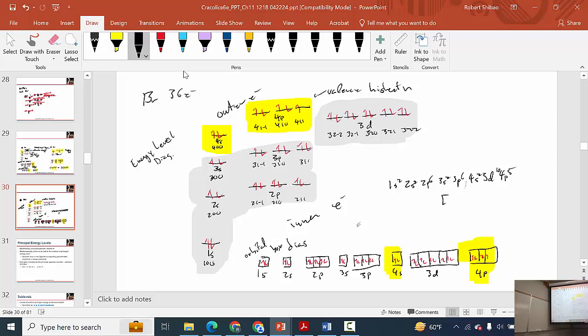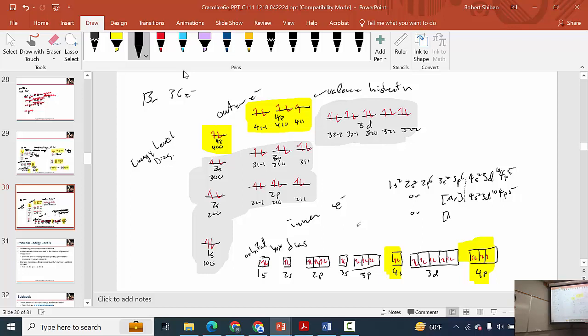If we fill up to the 3rd shell, what element is that? Argon. So we're going to say that this is argon up to here. The first 3 shells are filled. And that leaves the 4th shell here. So 3d10, 4p5.